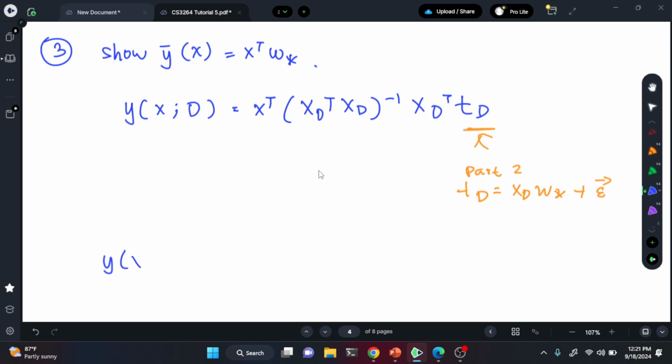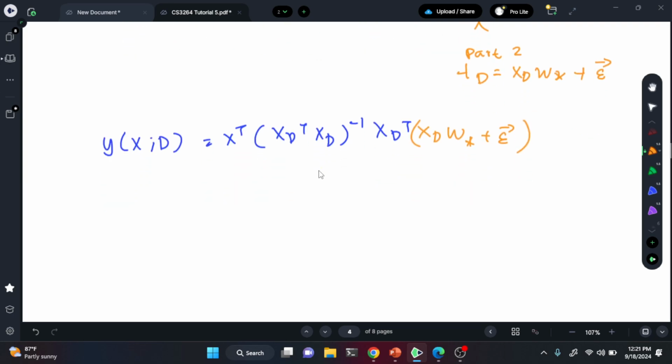Then I will get my y of x given d. This will be xt, this whole equation. Then we put in the TD, which is just xd w star plus epsilon. Here, if I see a bracket with an addition inside, I do a multiplication, so I use the distributive property to separate this into two separate terms.